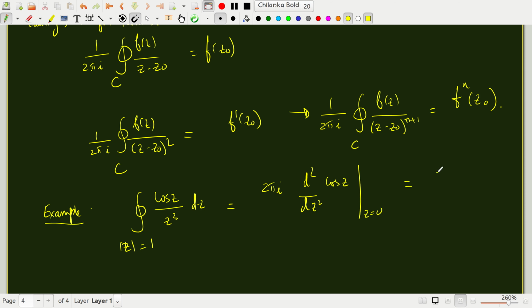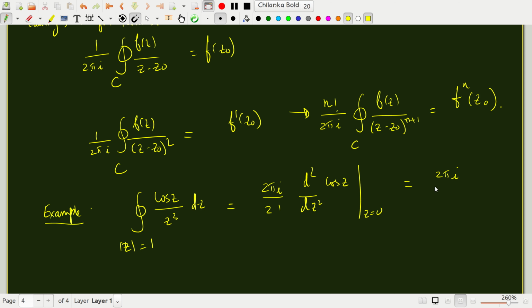This is nothing but 2 pi i by 2 factorial, because, I'm sorry, the general formula has an n factorial sitting in the numerator. That is something that you should keep in mind, because in a Taylor series you will get all these factorials when you expand a function, right? That is what is coming in here.